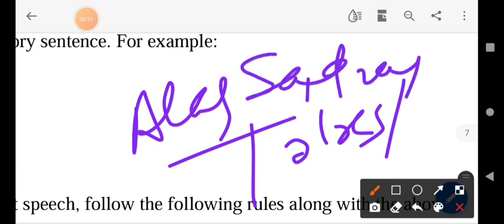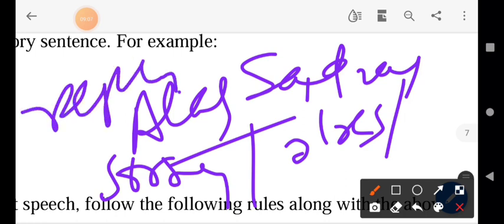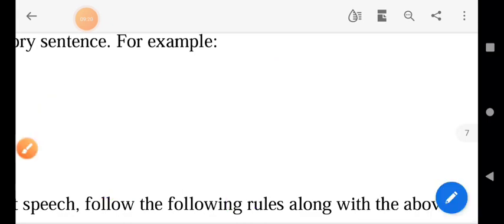The feeling of sadness, the feeling of sorry about something. That is, we express alas, woe, to express sorrow or regret, R-E-G-R-E-T. What is the meaning of regret? Regret means feeling sad. Regret means repentant.